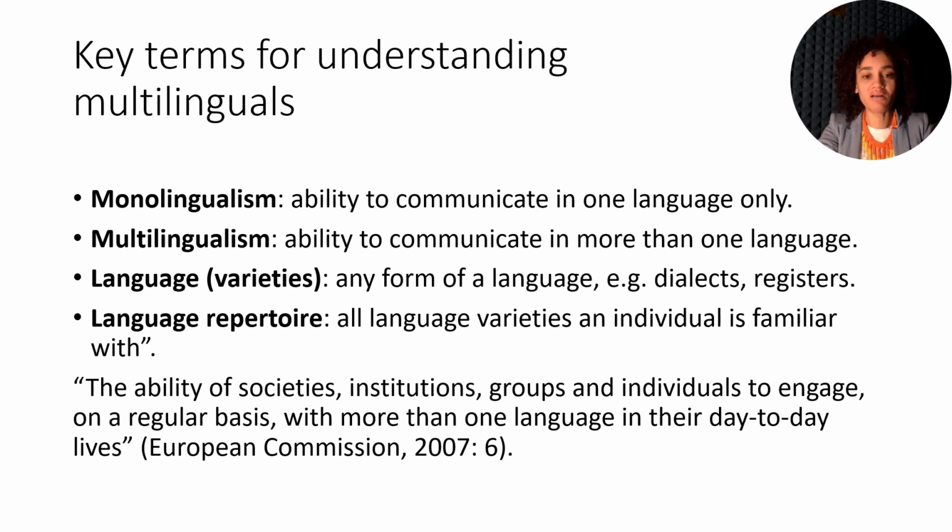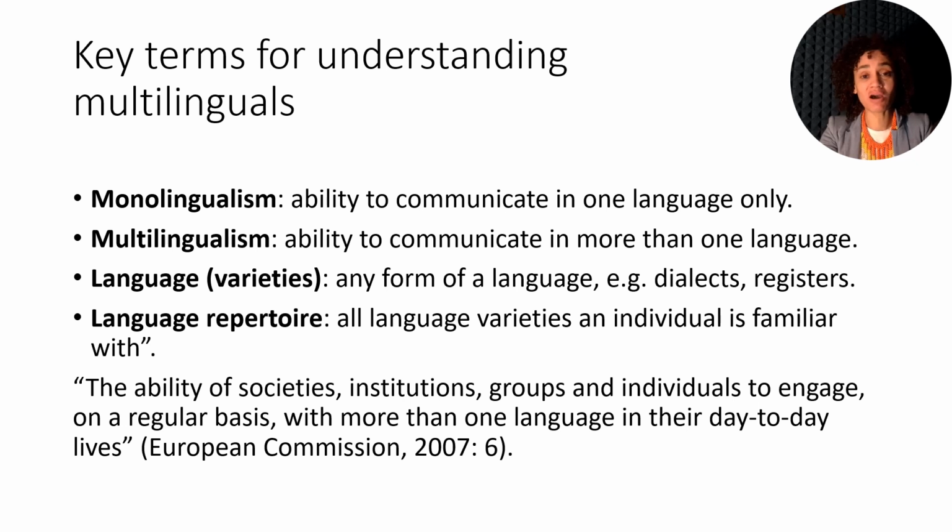So when we talk about multilinguals, it seems useful to remind ourselves what the difference between monolingualism and multilingualism is. Here the term language variety, or variety, is a term used by sociolinguists to refer to any form of a language.